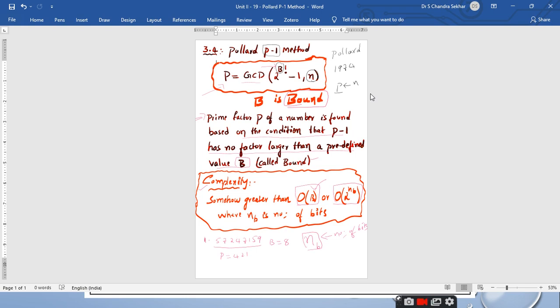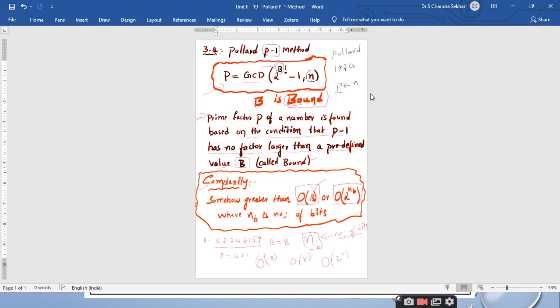And the complexity will be something like p power big O of b, that is big O of 8, right? So if you express it in terms of the number of bits, it will be around big O of 2 power, for example, 2 power 4, something like that.